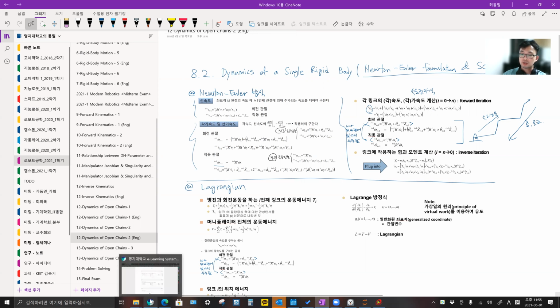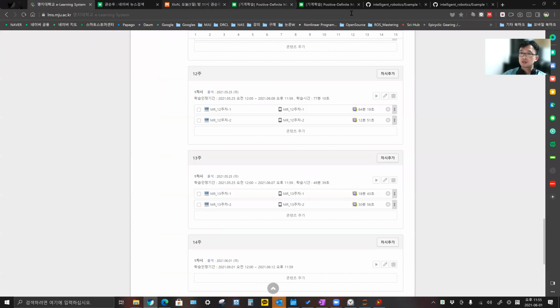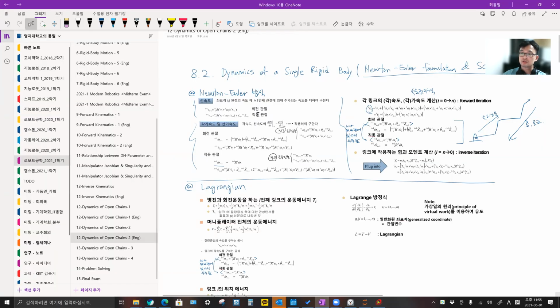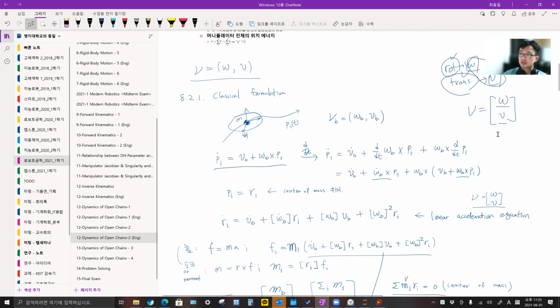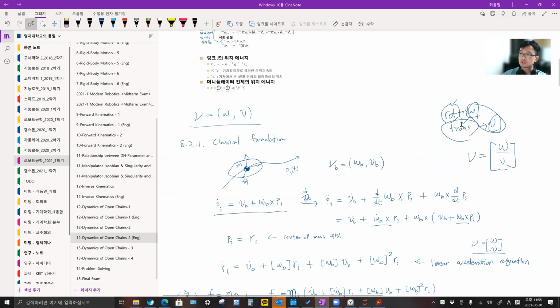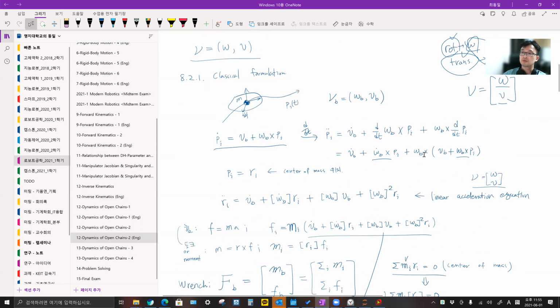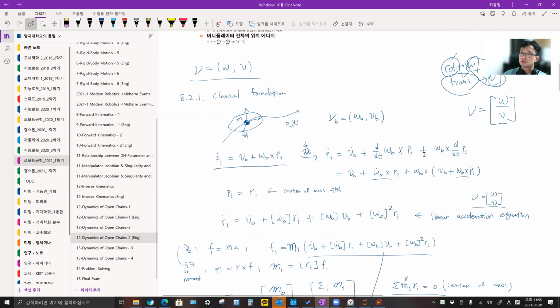Using Newton-Euler formulation. Actually, in my GitHub, the intelligent robotics library, you can check the Newton-Euler equation. But in modern robotics style, we describe rotation and translation together, and we simplify the equation very, very much.